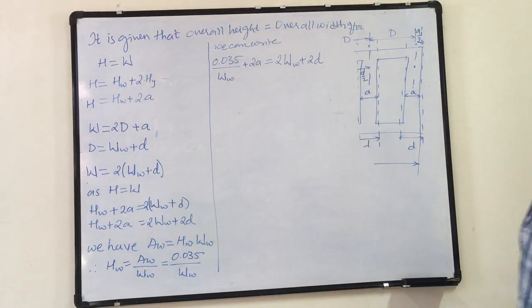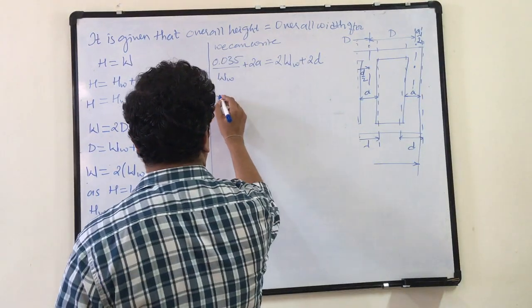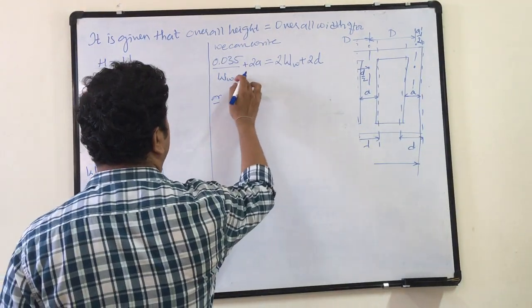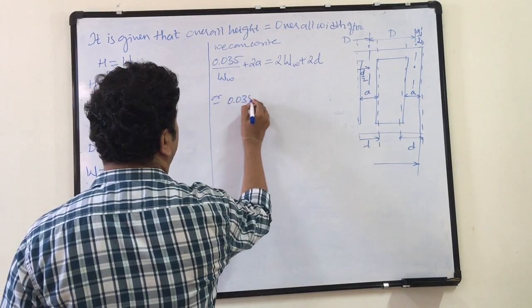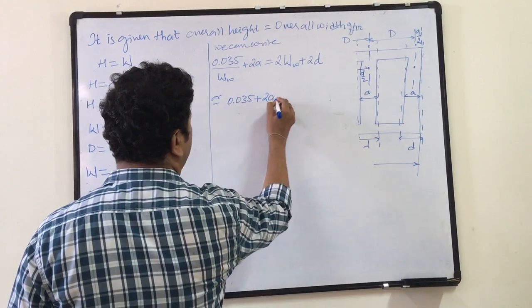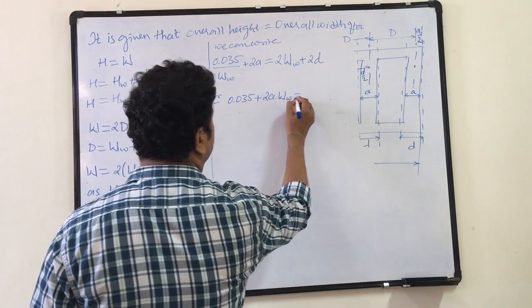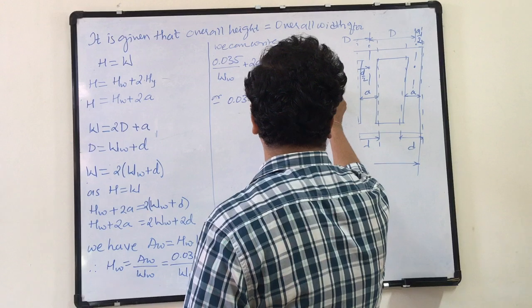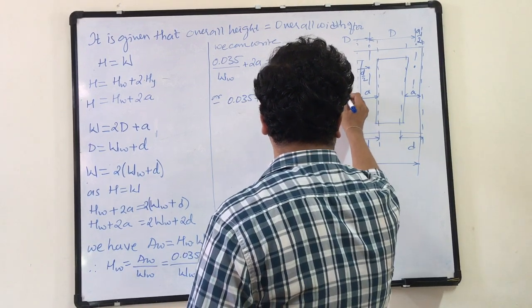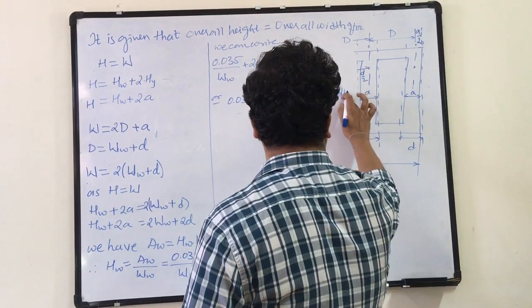Okay, or I can write, taking the LCM and multiplying it to RHS, 0.035 plus 2A into width of window is equal to 2 into width of window square plus 2D into width of window.